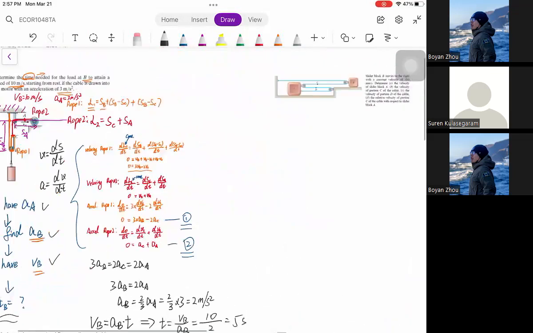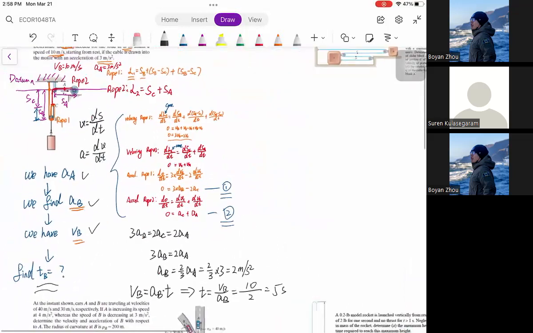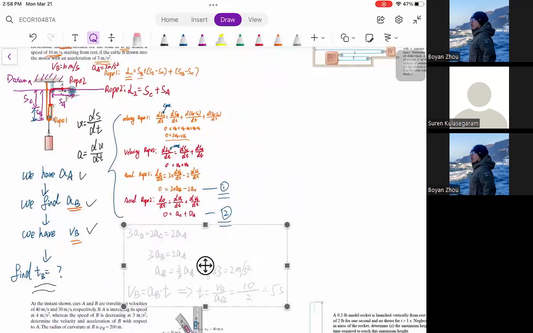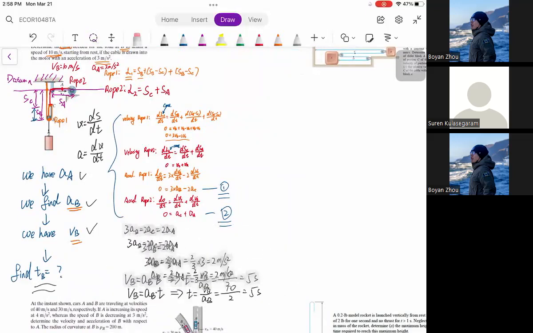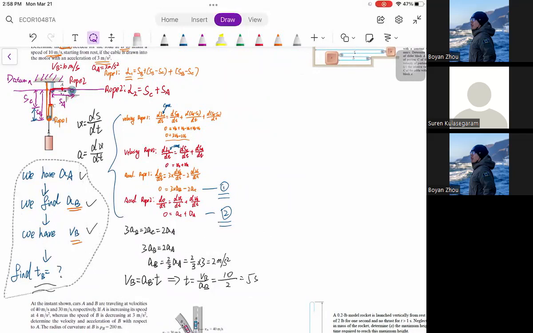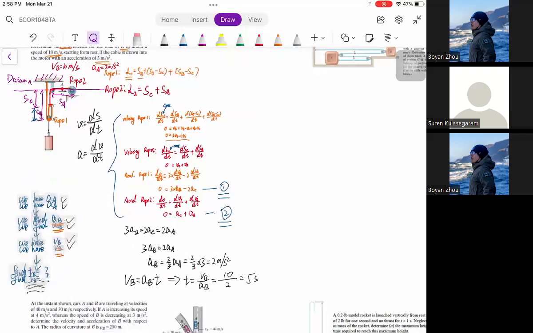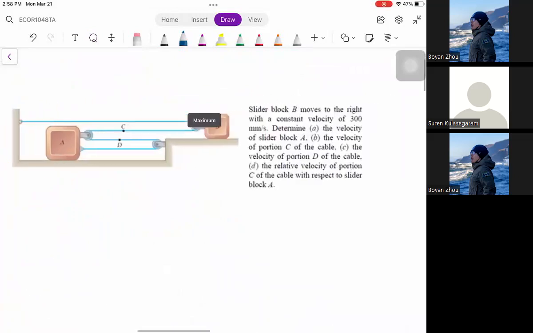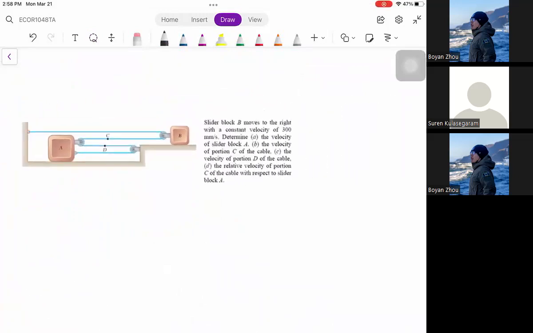Okay, so let's go to the next one. So I'll make this layout look a little bit better. Okay, so the second one, the question is, we know the velocity for block B is 300 millimeters per second.